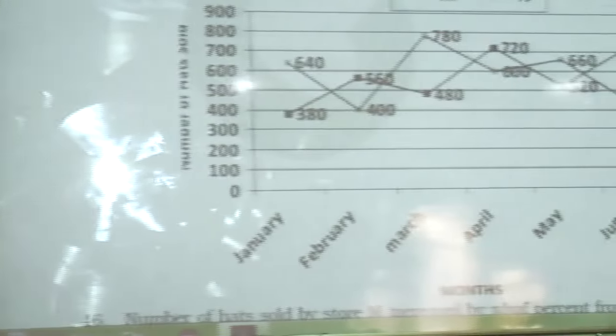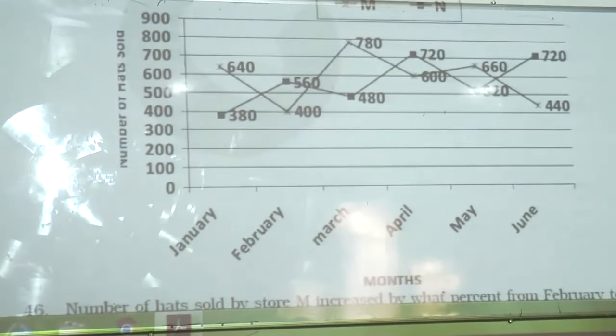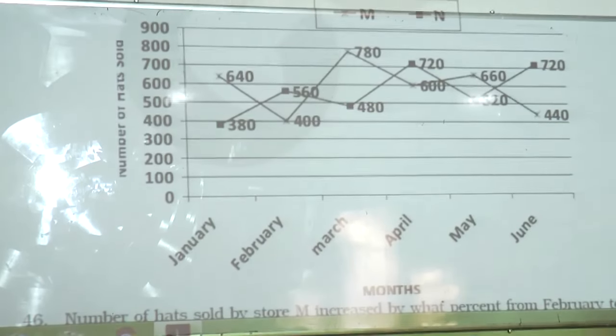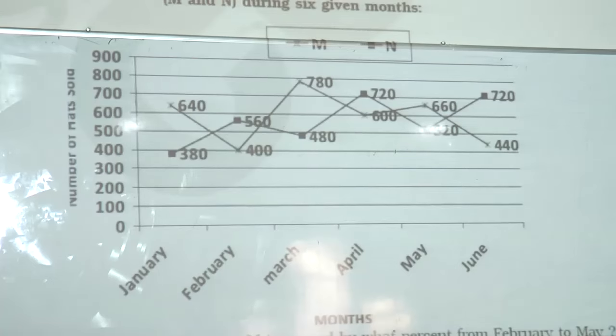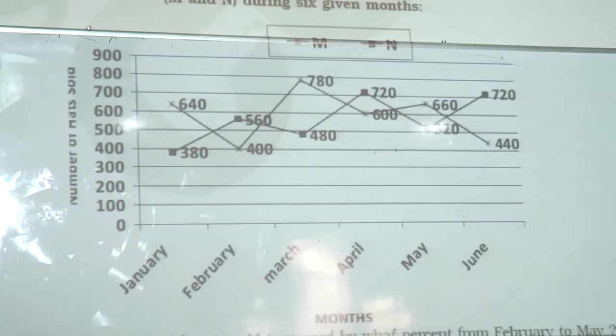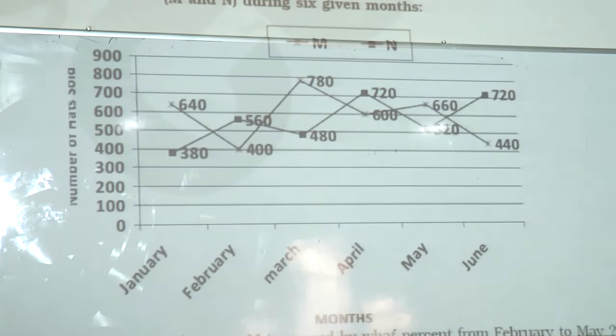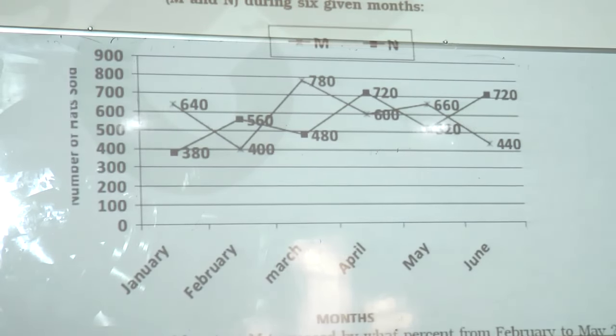Sure? 47. The number of hats sold by store M during January is what percent of the total number of hats sold by store N during March and April? N, March and April. M in January is 640.